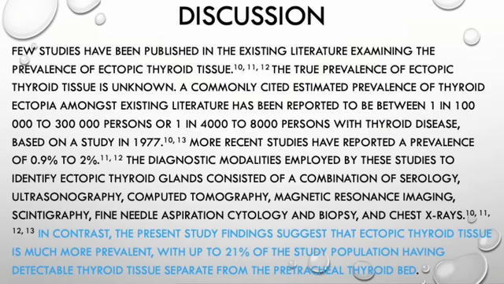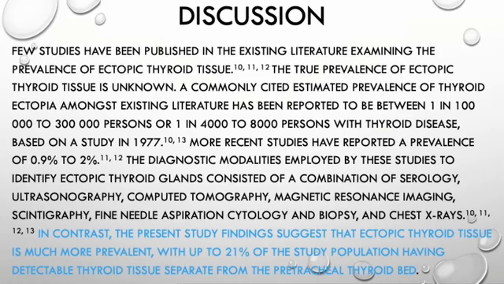More recent studies have reported a prevalence of approximately 1 to 2%. The diagnostic modalities employed by these studies, which have been published to identify ectopic thyroid glands, consist of a combination of serology, ultrasound imaging, as well as cross-sectional imaging, including CT and MRIs, as well as more invasive measures such as fine needle aspiration cytology and biopsy.